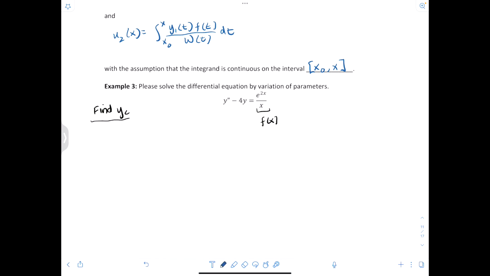When we find yc, m squared minus 4 is equal to 0. m squared is equal to 4, so m1 would be negative 2, and m2 would be 2. So yc is just c1 e to the negative 2x plus c2 e to the positive 2x.